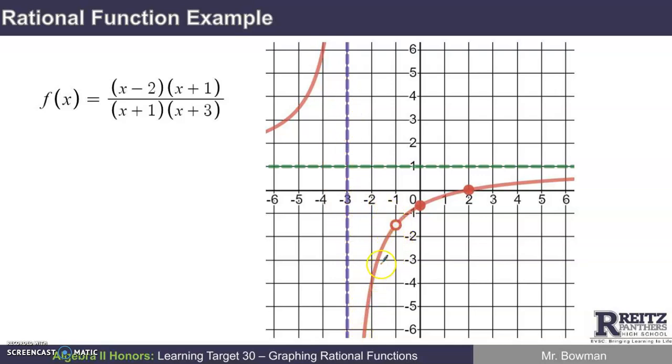Here the y's from the right side are getting huge in the negative direction, and from the left side, as the x's approach x equals -3, the y's are getting infinitely huge in the positive direction. And what I hope you'll see is maybe a possible connection between that vertical asymptote and this factor of the function.